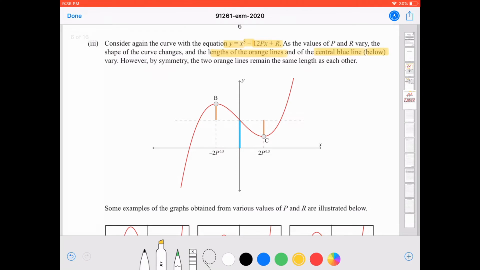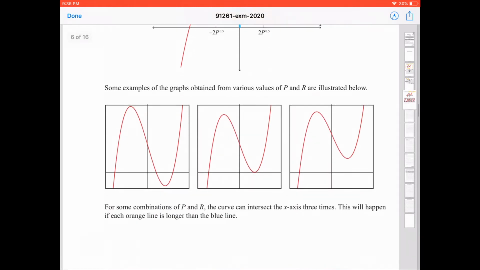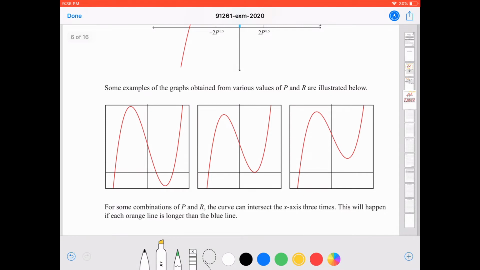However, by symmetry, the two orange lines remain the same length as each other. Some examples of the graphs obtained from various values of p and r are illustrated below. For some combinations of p and r, the curve can intersect the x-axis 3 times. This will happen if each orange line is longer than the blue line.